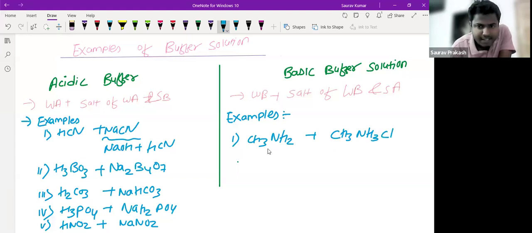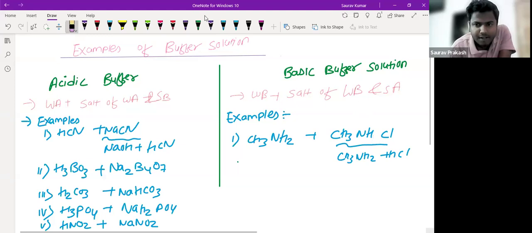CH3NH2 is the weak base, and it is the combination of CH3NH2 plus HCl, a weak base and strong acid.